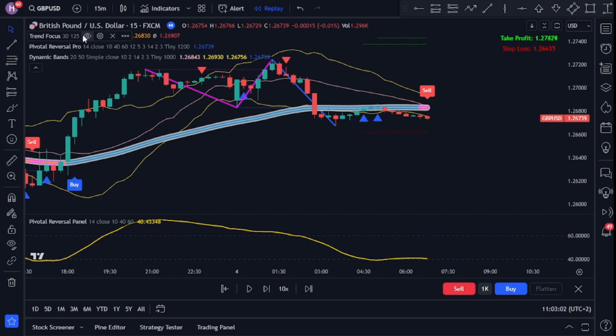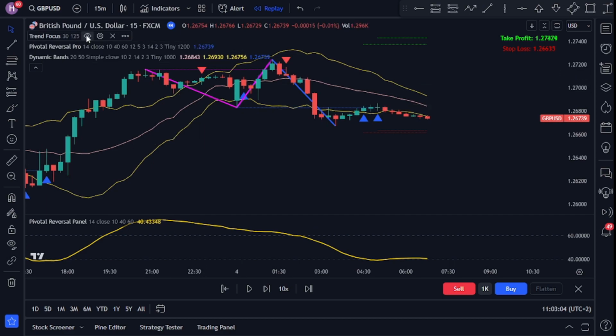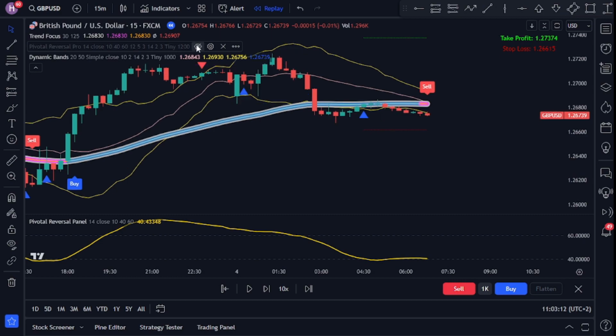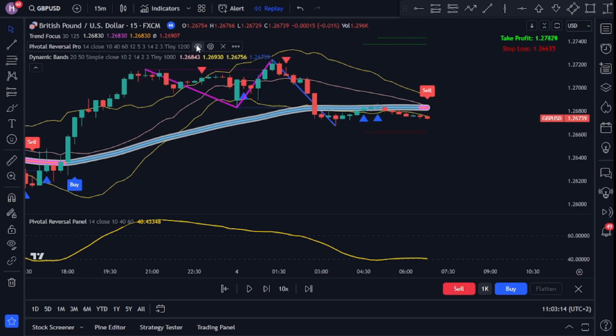Then the trend focus assists us in identifying and capitalizing on prevailing market trends, ensuring we align ourselves with the momentum of the market. Lastly, our Pivotal Reversal Pro equips us with the tools to spot potential trend reversals and capitalize on market turning points.